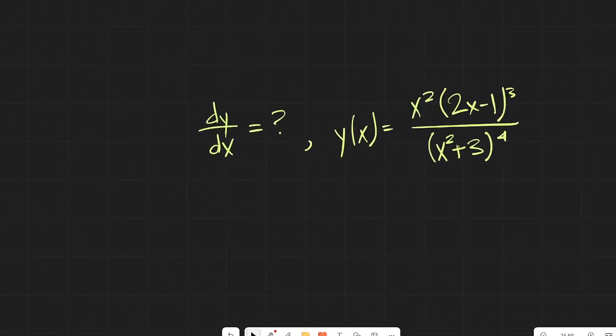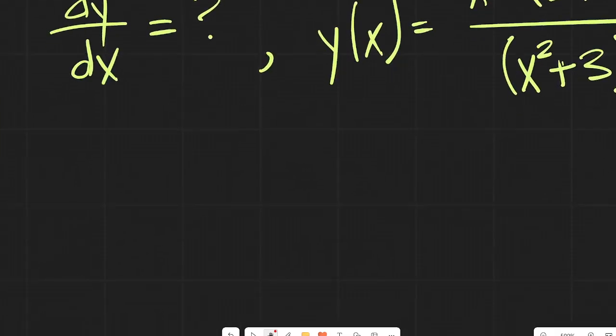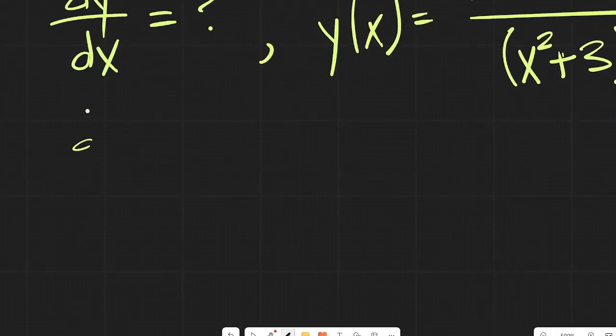All right, so a couple of things I'm going to note down here is just some rules of differentiation, right? So I'll use the dummy variable t to just write these out.